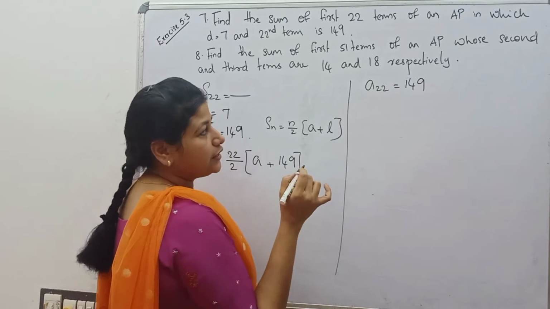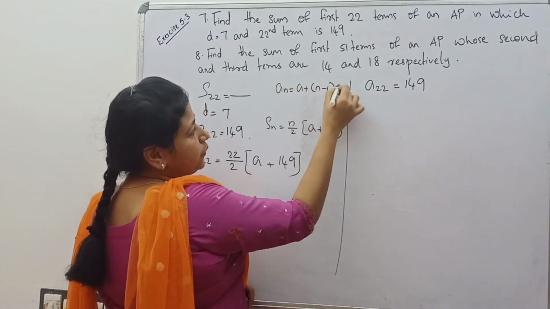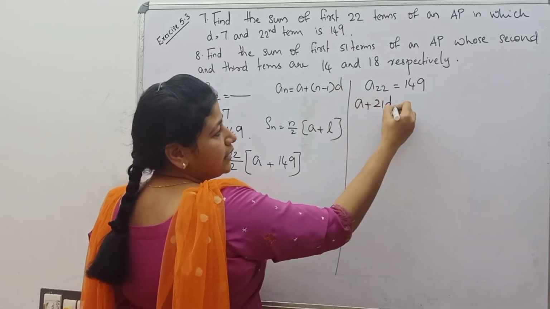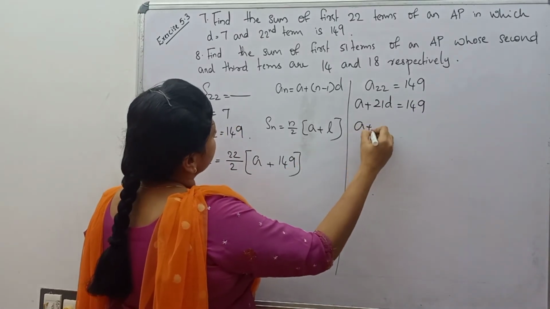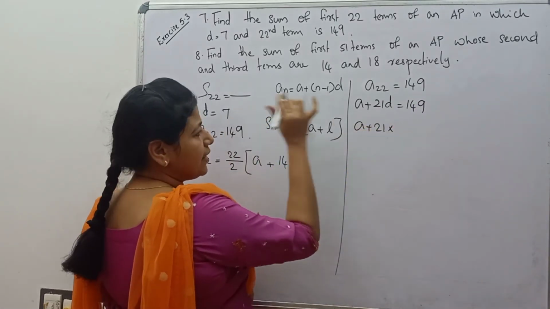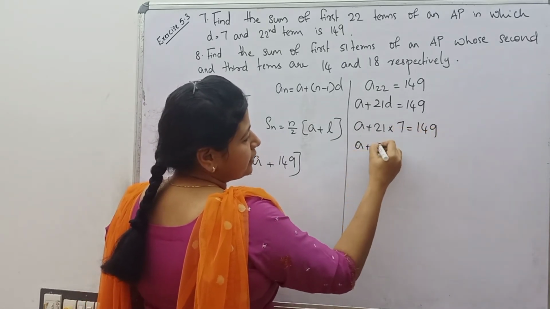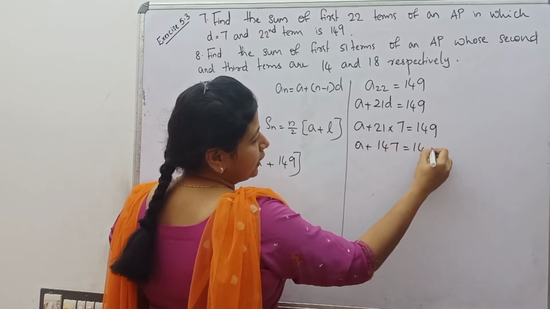And the formula to find out an is a plus n minus 1 into d. Or we can write a plus, this is 21d equal to 149. So we can use a plus 21 into common difference is 7, isn't it? So 149. A plus, this is 21 into 7, 147 equal to 149.